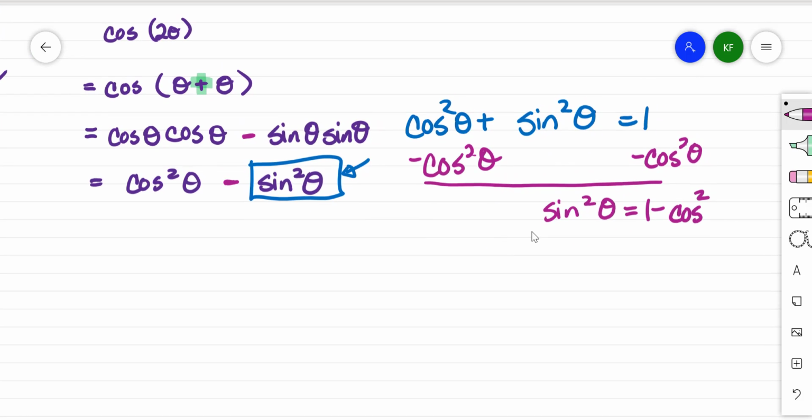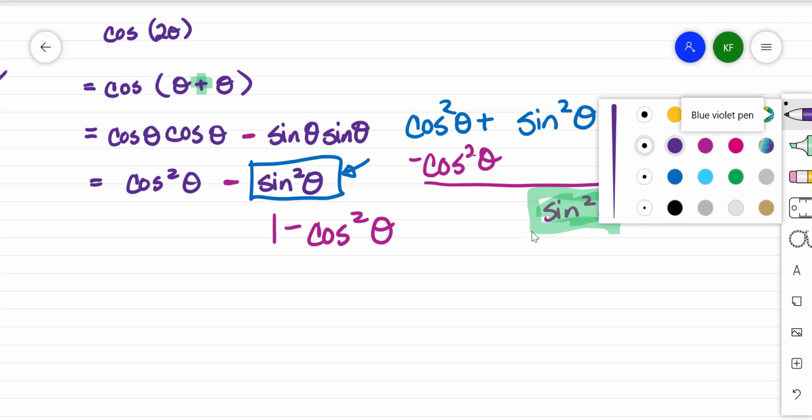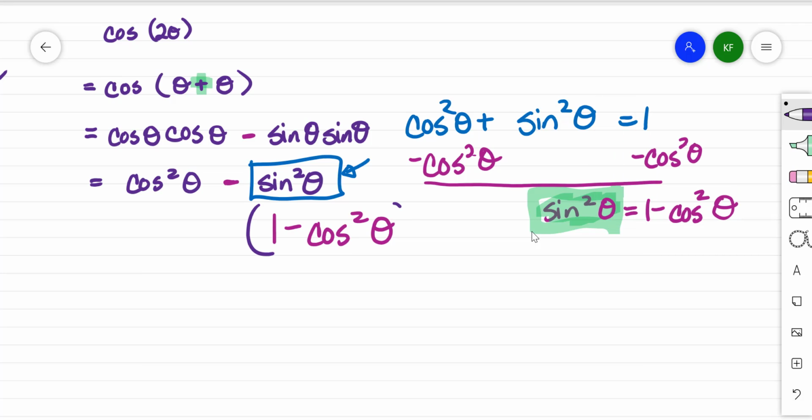So go for it. Hope it's getting easier. Okay, there's our sine. So I'm going to do that substitution now. So 1 minus cosine squared theta. But you got to make sure you put the parentheses around. In fact, I'll do it over here also.